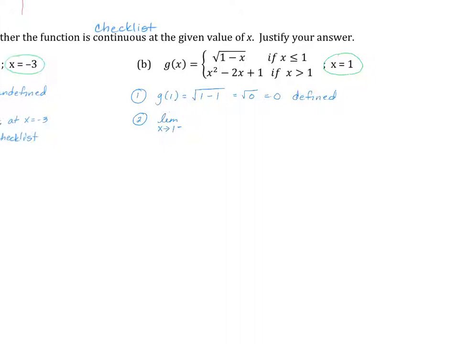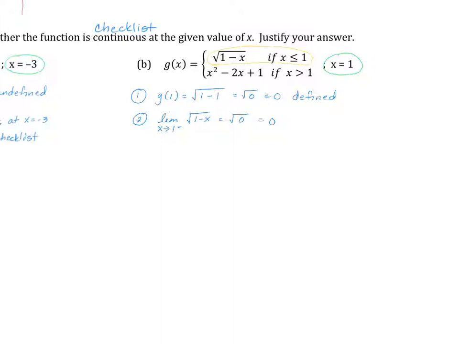If x is approaching 1 from the left, then I'm going to be using the upper piece. So I need to write that in. It's the square root of 1 minus x, which would be equal to the square root of 0, which is equal to 0.